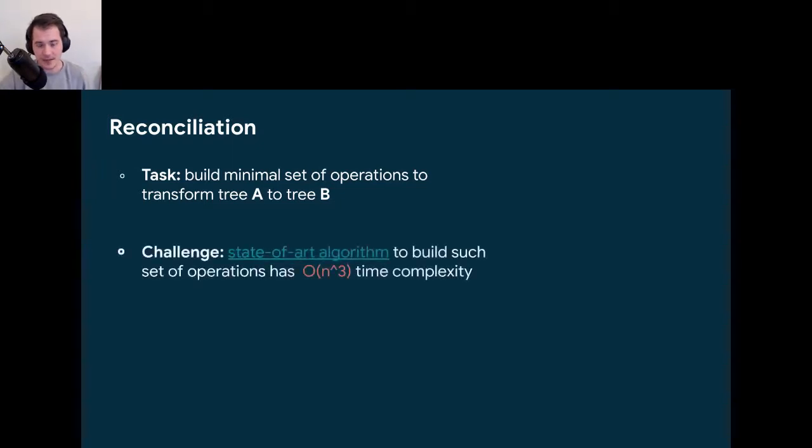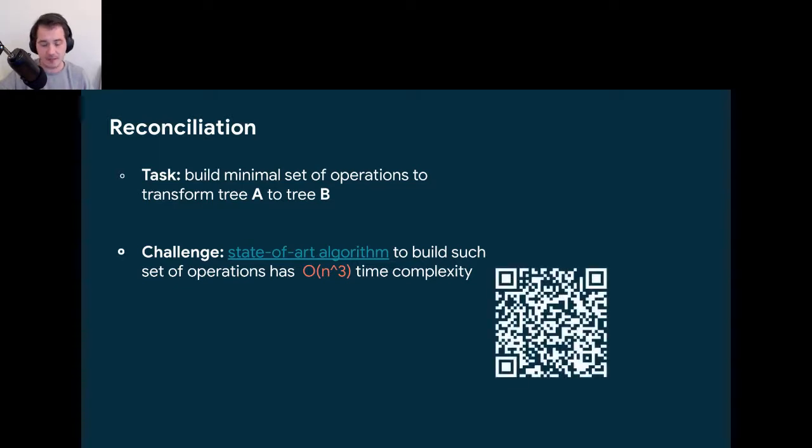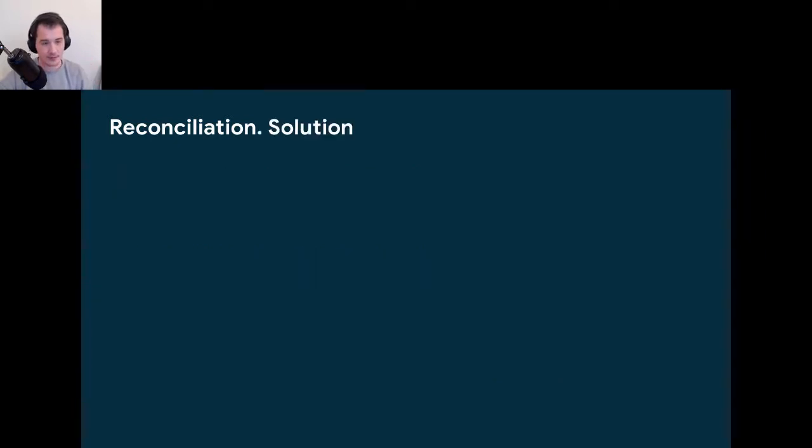The problem is the state-of-art algorithms to do it, like the real life algorithms that are proven to be successful, are very, very time-consuming, right? They're like cubic complexity, which means that it's very hard to do something reasonable in a reasonable time in UI, so users won't wait or see junk on our screen. Here is the QR code to the algorithms I'm talking about.